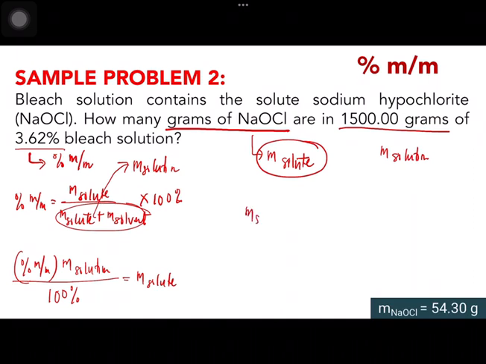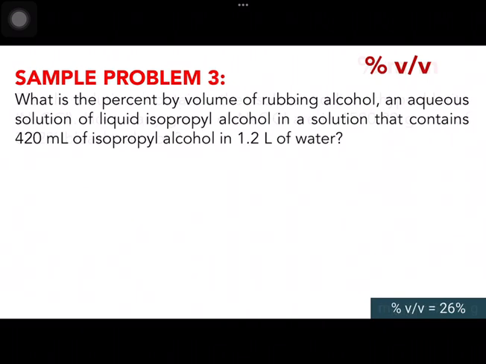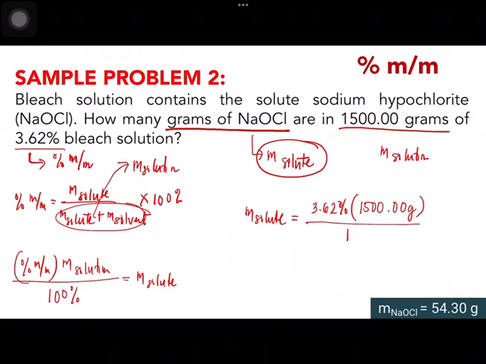So, what is the mass of the solute using the new equation, the derived equation? So, you have 3.62% times the mass of the solution natin is 1,500 grams over 100%. So, makikita nyo, magka-cancel out yung mga percent. So, maiiwanan tayo ng mass of solute.